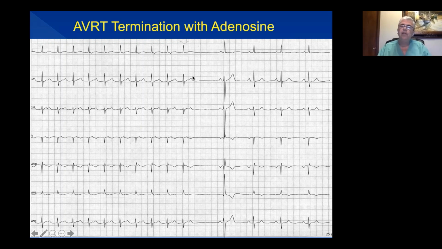You give adenosine, it blocks the AV node and it stops the tachycardia. So the same way, you have regular supraventricular tachycardia with no P wave before the QRS and maybe seeing a P wave after the QRS. Options are mainly AV nodal reentrant or AV reentrant using an accessory pathway. Either way, you give adenosine, it terminates.